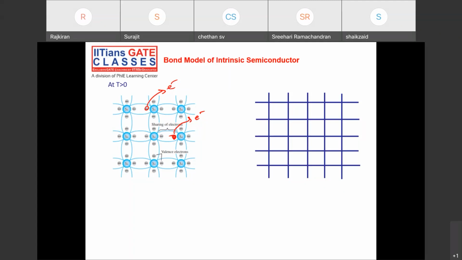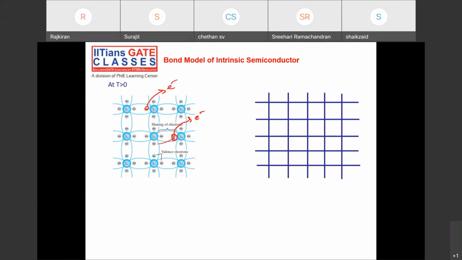So you are partially right. What will happen? Since this is a vacant space, another electron from a bond will go and occupy the space, because it is vacant. It is highly probable that another neighboring electron may come and occupy the space.